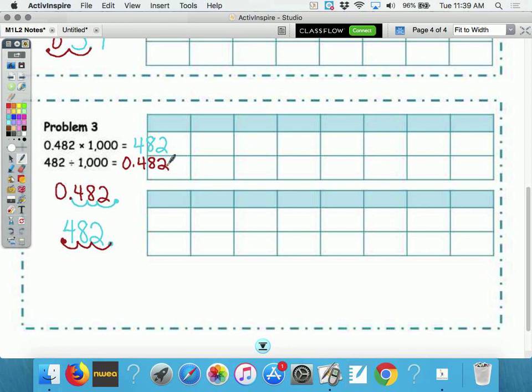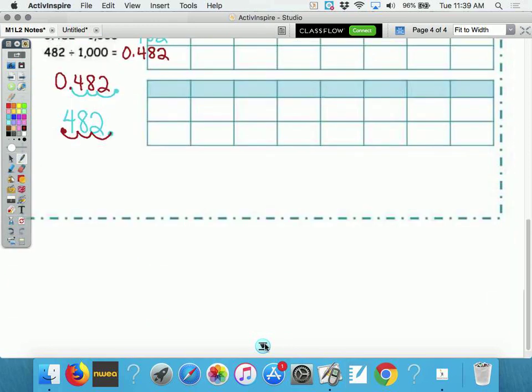Tell your table group how to say that number. Okay, table 5, how do you say it? 482,000. Very good.